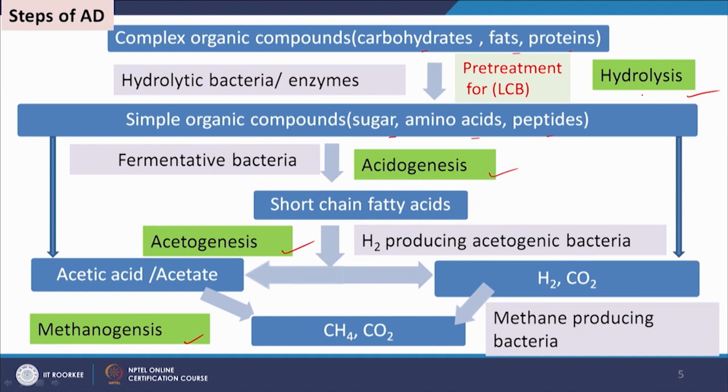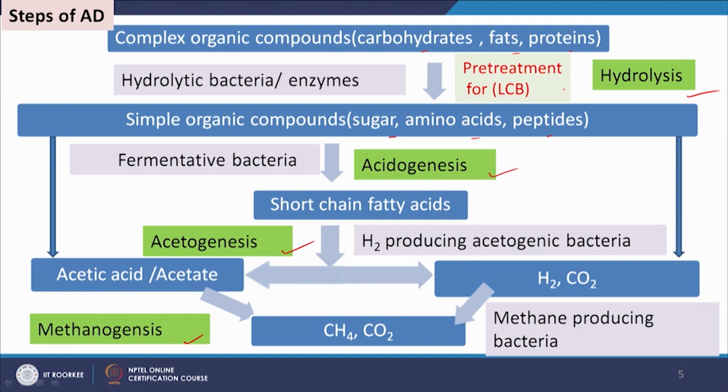This is the main role of hydrolysis, and if lignocellulosic biomass is present with the sludge or used in this anaerobic digestion process, then pretreatment of the lignocellulosic biomass is required.